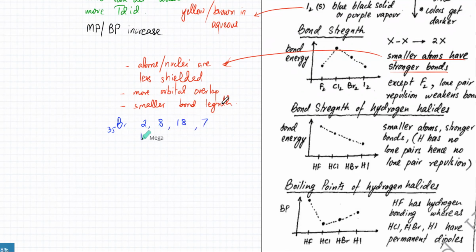If you write the electronic configuration, it's 1s2, 2s2, 2p6, 3s2, and then you have 3p6, followed by 4s2, and 3d10, and then 4p5. So it's got 7 electrons in the last shell, 18 electrons in the third shell, 8 in the second one, and 2 in the first shell.